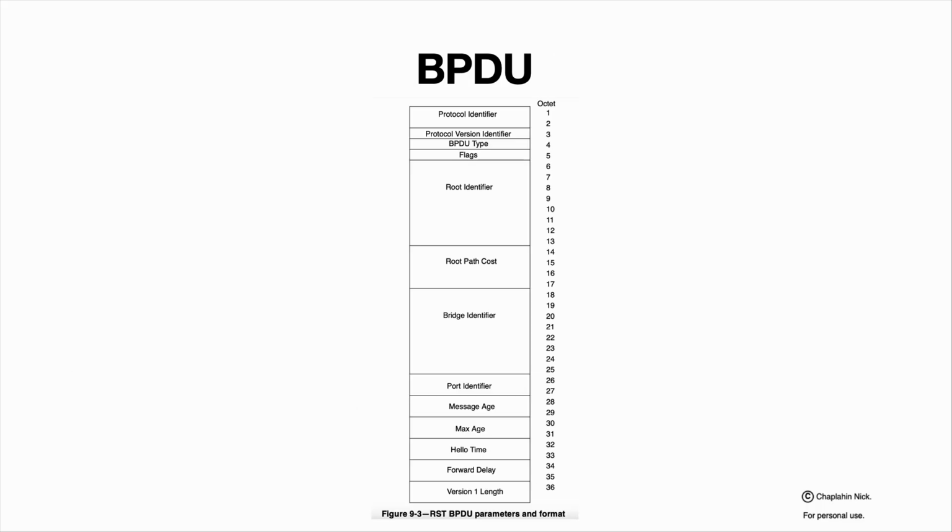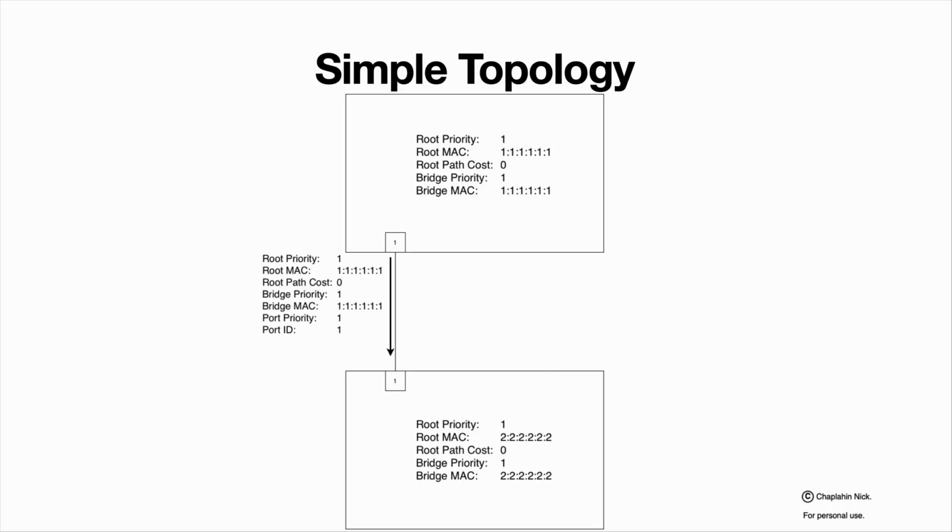All this information is related to the BPDU structure that, again, you will find in those standards. Root priority and root MAC are the root identifier, then root path cost. Bridge priority and bridge MAC are the bridge identifier, and the port identifier is port ID and port priority, and they are added to the BPDU depending on the port that this BPDU is being sent from.